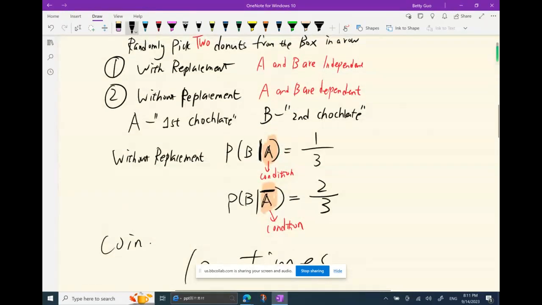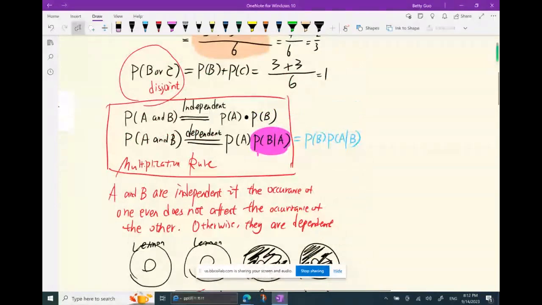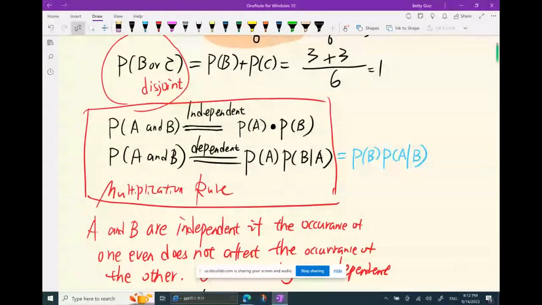All right, so I think we understand what dependent and independent mean now, right? Let's go back to the multiplication rule. We use the multiplication rule to compute the probability of A and B in the complicated cases. We have two formulas.